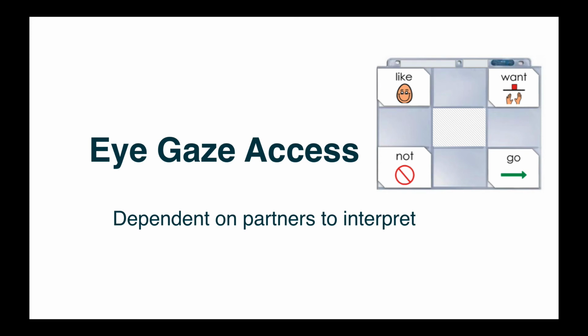If the partner has to seek confirmation to make sure they have accurately interpreted the student's eye gaze, consider another approach. Repeated confirmation shifts the focus away from the communication to the motor act of looking.